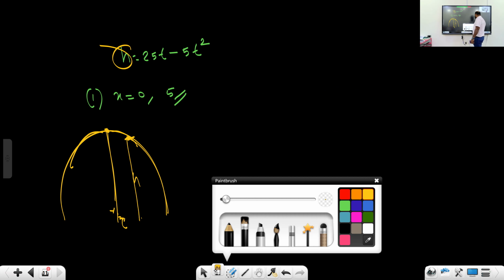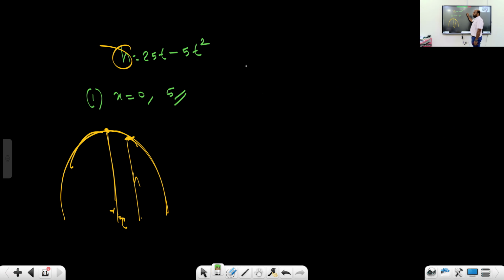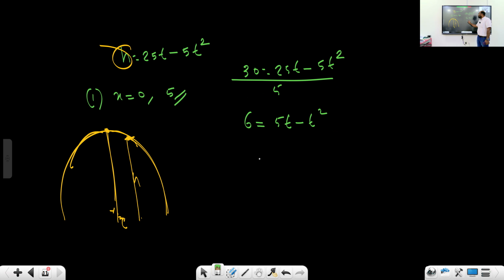H equal to 30: 30 equal to 25t minus 5t square. We can divide throughout by 5. Then 6 equal to 5t minus t square. Now transpose: t square minus 5t plus 6 equal to 0.